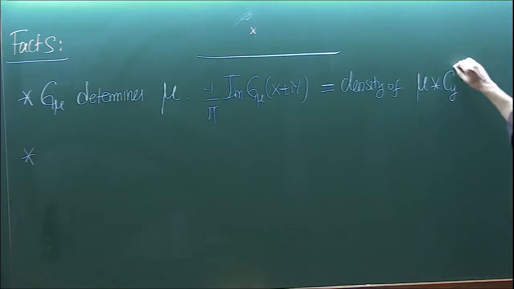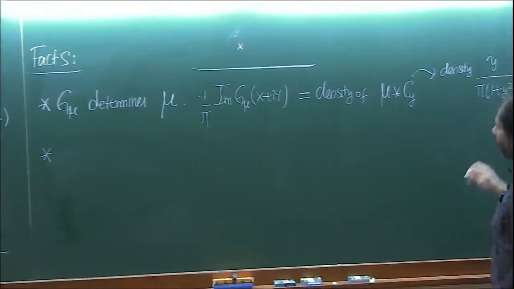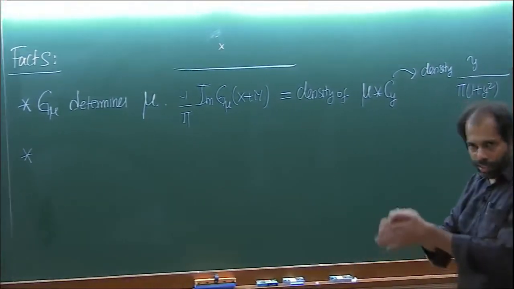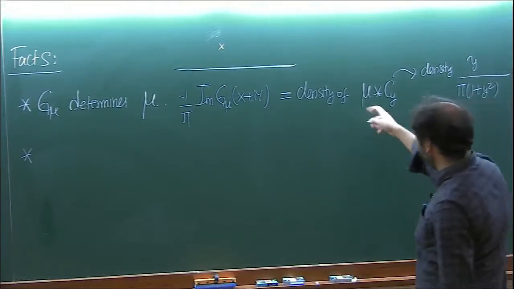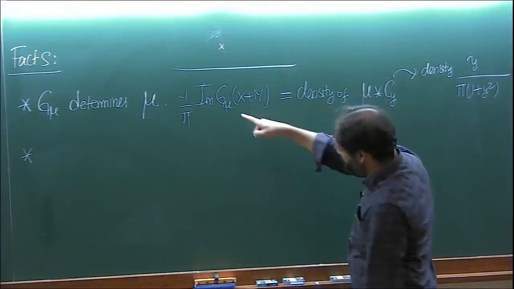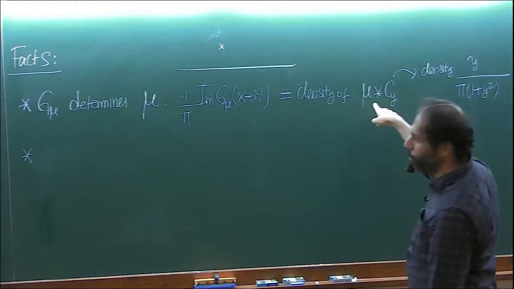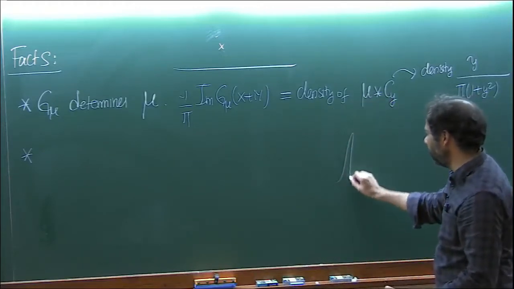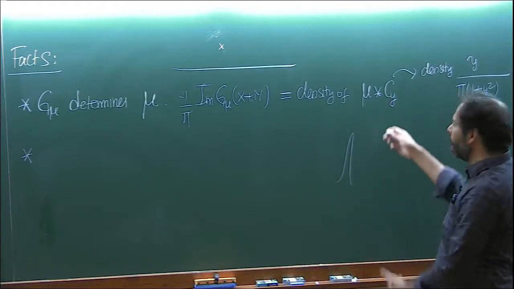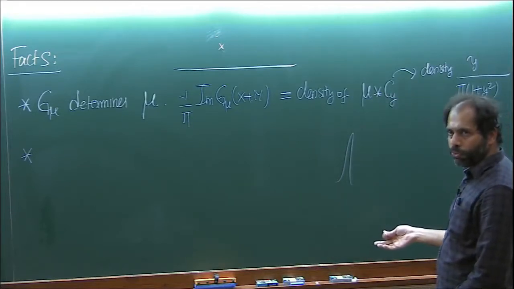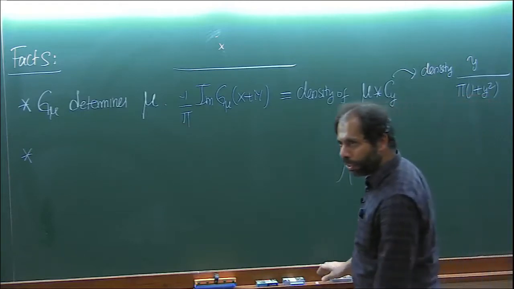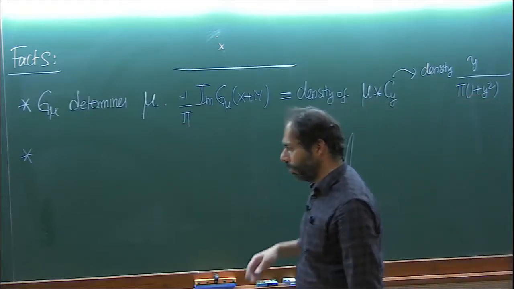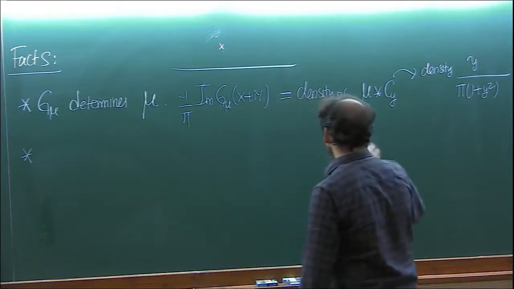This is the one with density y over pi times (x squared plus y squared), a scaled Cauchy density. So the Stieltjes transform has the information about mu convolved with the Cauchy density. Now, as y goes to 0, this Cauchy density becomes narrower and narrower, and mu convolved with it converges to mu. Therefore, you have the information about the measure from this.